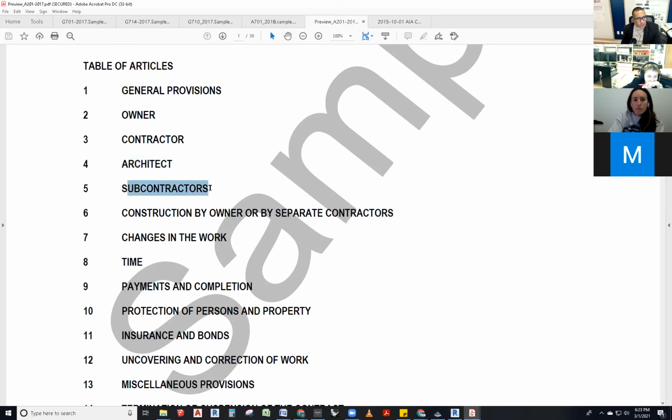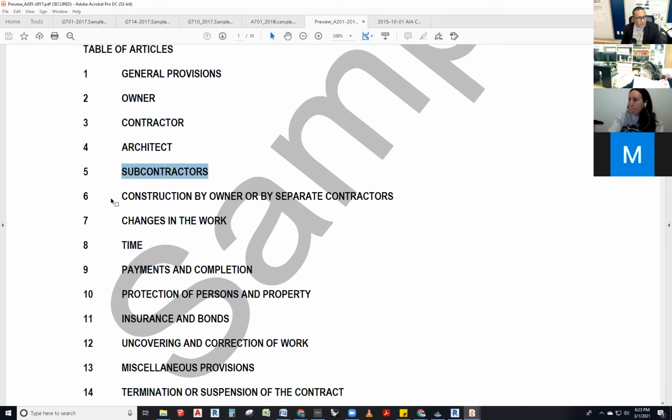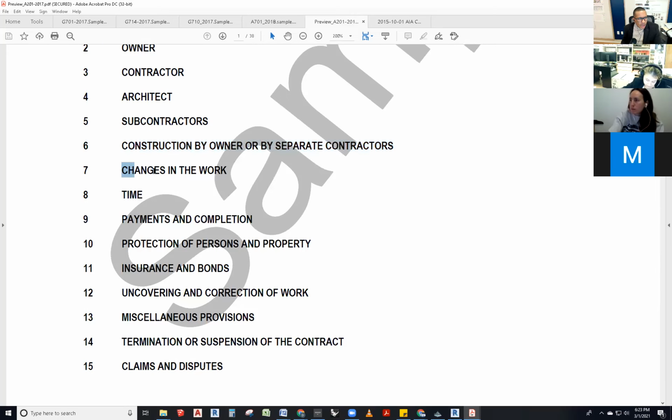Then we got the subcontractors who really don't have much to do with the owner anyway because they work for the contractor. And then we got an area that says construction by owner or by separate contractors. Like he may hire another contractor to do something else. And he speaks about changes in the work, which we spoke about: construction change directive, change orders, and supplemental instructions.